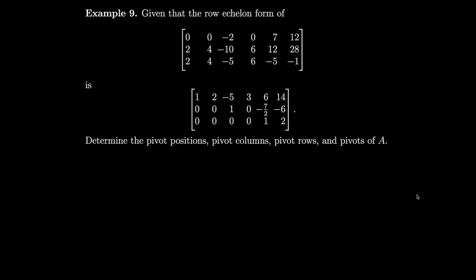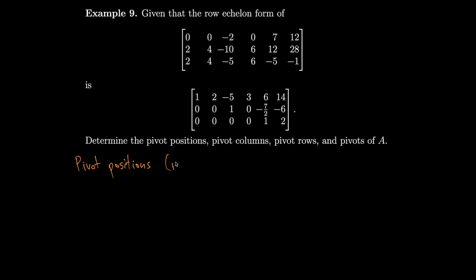Okay, we want to determine the pivot positions, pivot columns, pivot rows, and pivots of A. So those are the pivot positions first. Well, those are going to be right over here. So it looks like we got 3 of them.